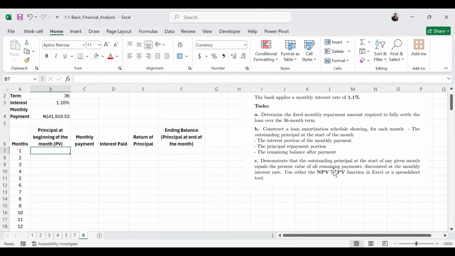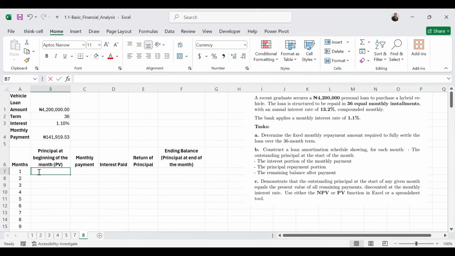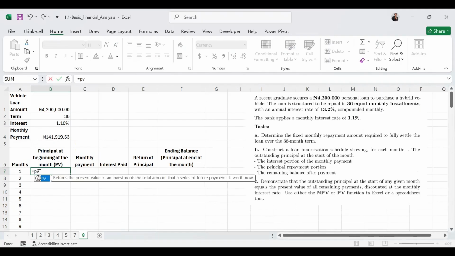Now, when you look at C of this very problem, you see that it asks us to use the PV function to demonstrate our outstanding principal at the start of any given month. So that's what we are going to be doing. So now I'll be using the PV function. So I'll do PV, and then my rate is this interest rate. I'll make it absolute. Then the number of periods is 36.